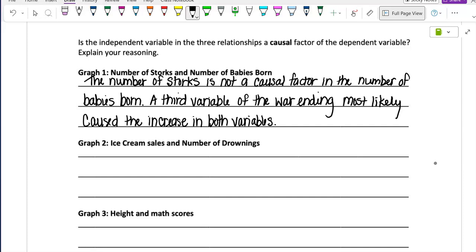Again, the second one was ice cream sales and the number of drownings. And we again said the ice cream sales are not a causal factor in the number of drownings.